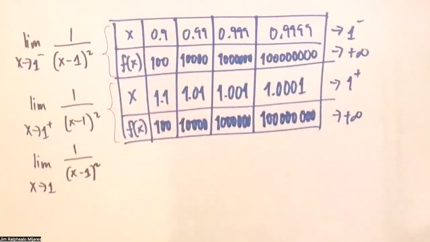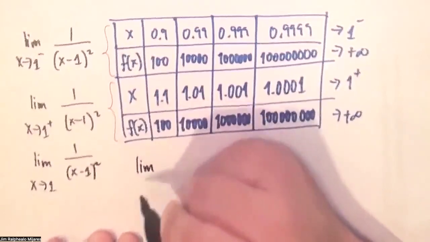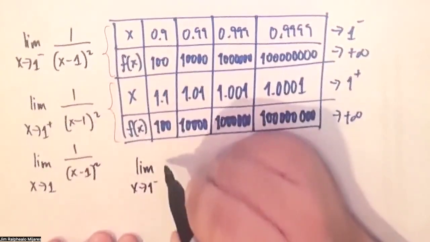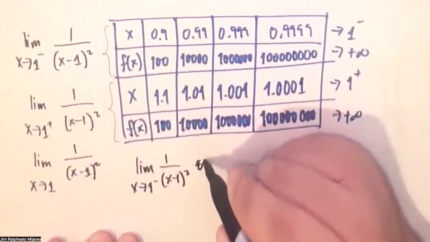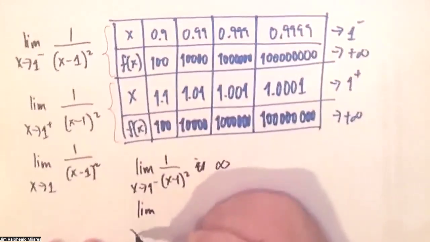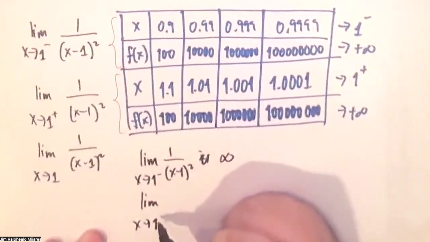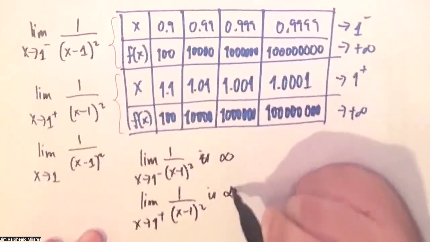We say that the limit as x approaches 1 from the left of 1 over x minus 1 squared is infinity, and the limit as x approaches 1 from the right of this function is infinity as well.